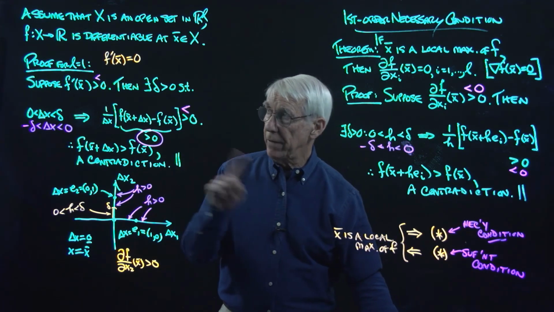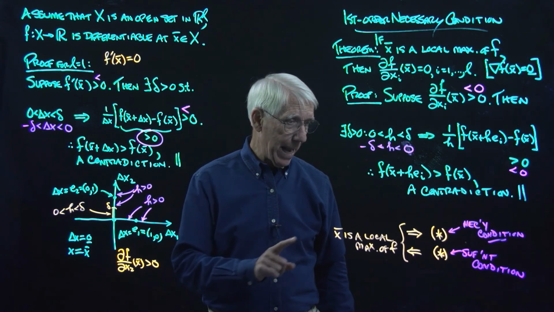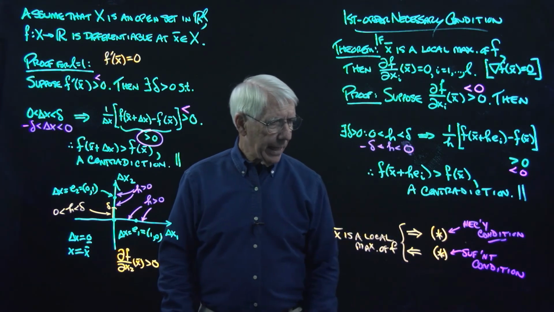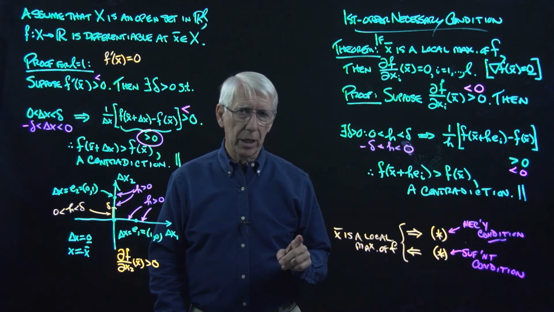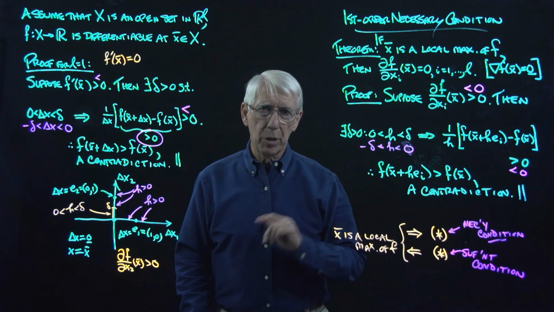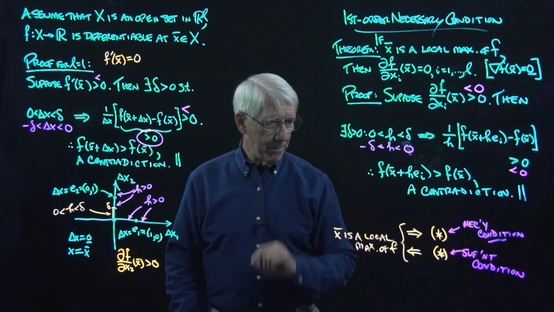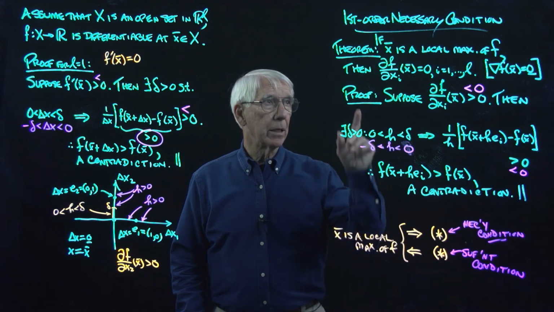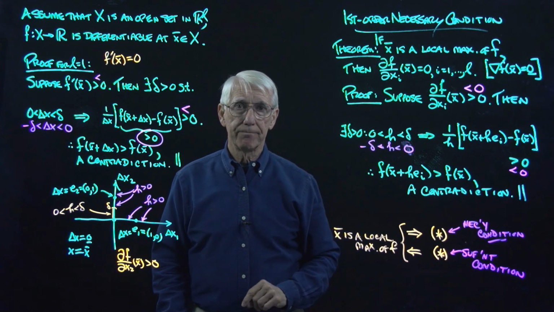So we'll take off everything we've got here, and we'll come back and develop a sufficient condition. In fact, I can see that this lecture is going on a little bit long, so I think we'll just break this off, take a break here, and then we'll come back after a little break and look at sufficient conditions. Okay?